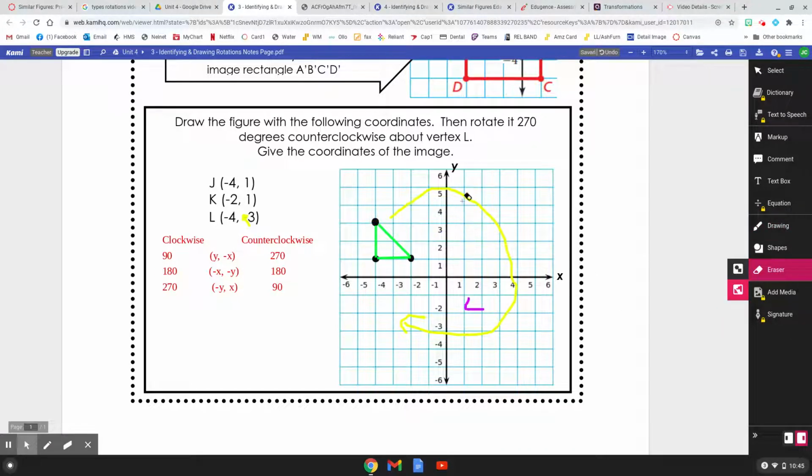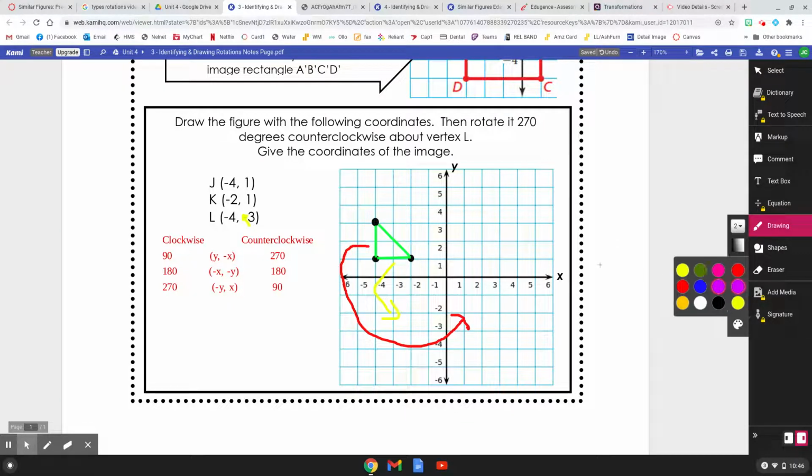Counterclockwise works the exact same way, different direction. So the one that's right beside it, 90 degrees counterclockwise, would be here. 180 degrees here. 270 degrees counterclockwise here.